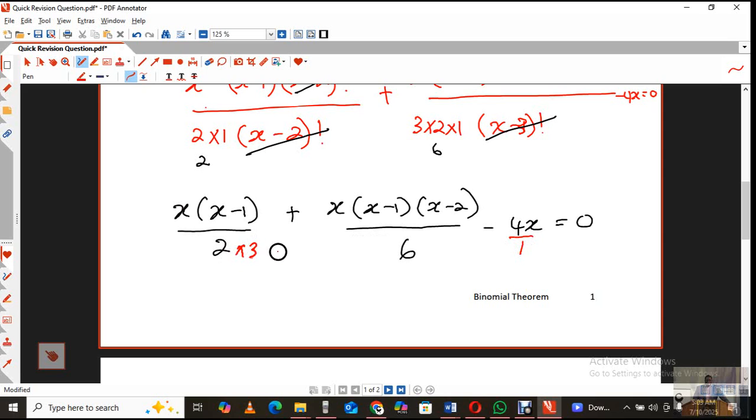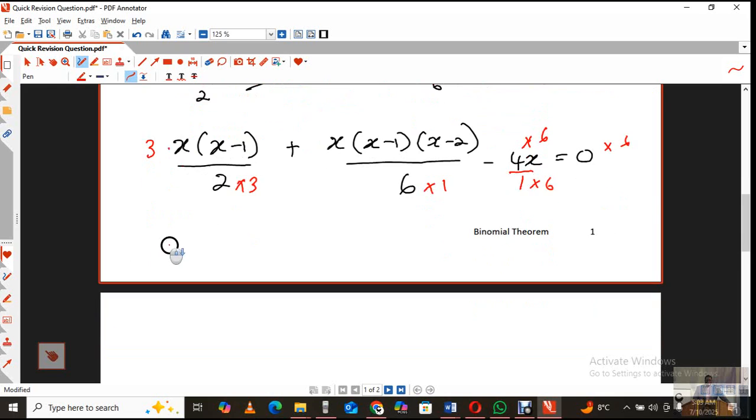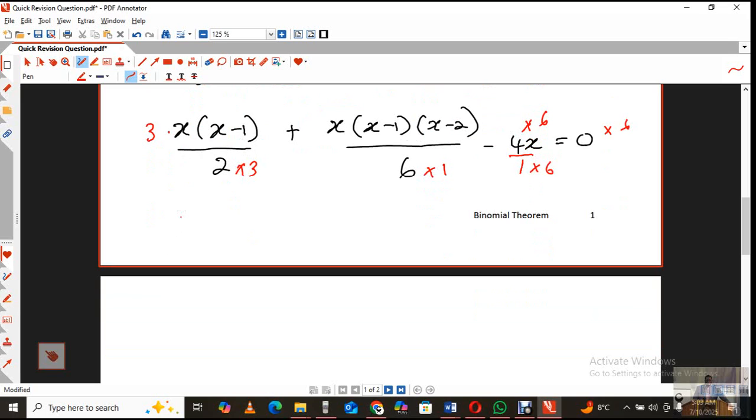So you multiply here by 3, you multiply here by 1, and you multiply here by 6 as well. Of course you do the same on the other side, it will just give you 0. So at the end of the day, I have everything over the same denominator.